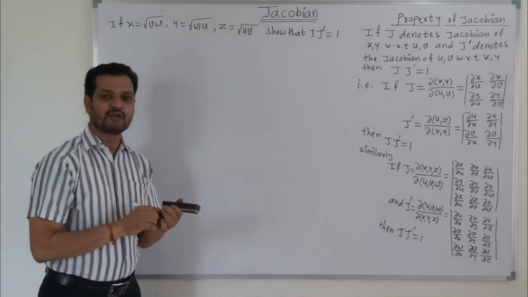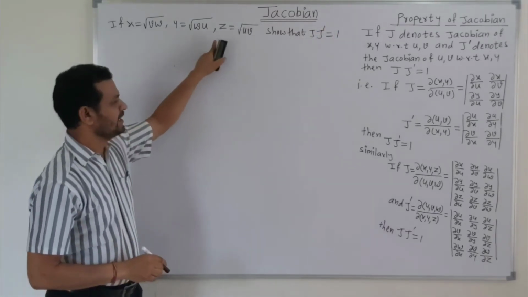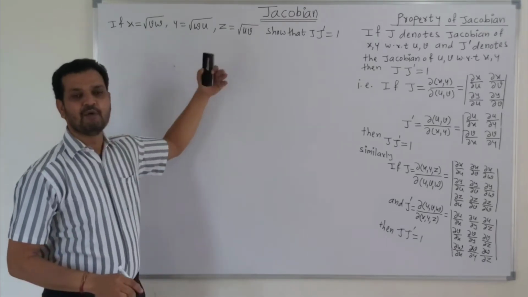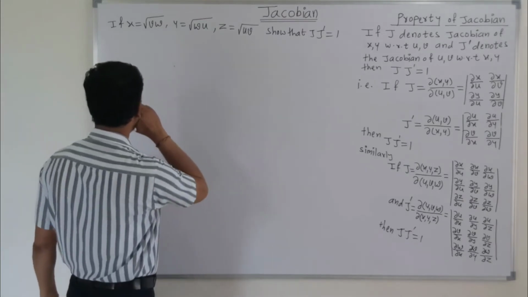That means show that the Jacobian of x, y, z with respect to u, v, w, and the Jacobian of u, v, w with respect to x, y, z is 1.